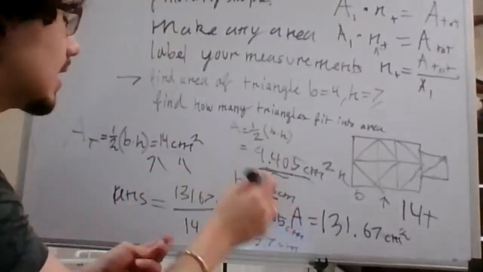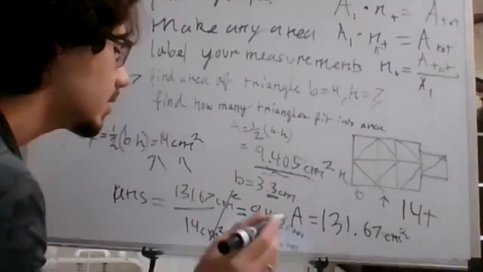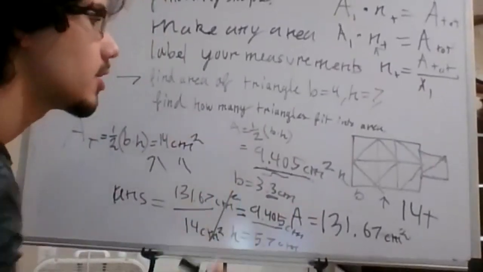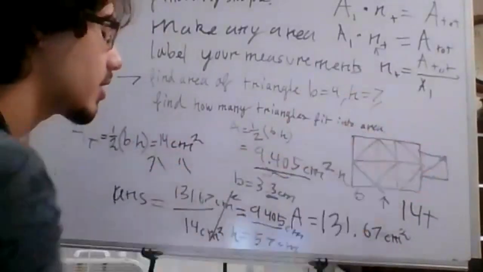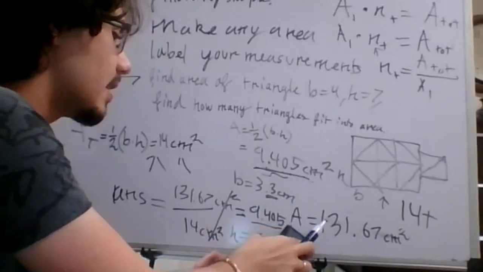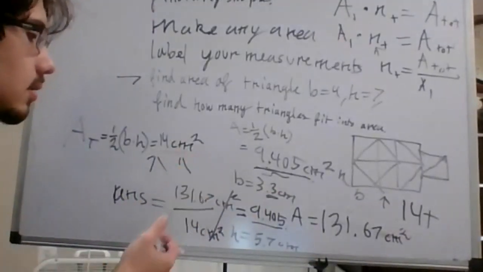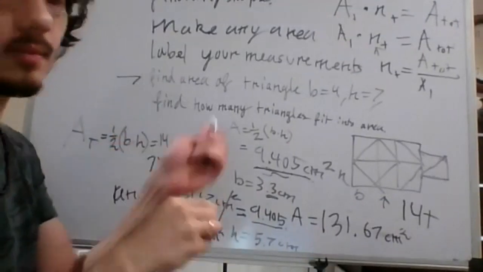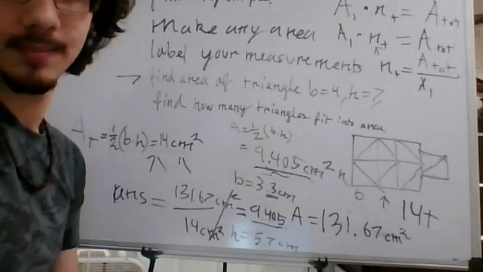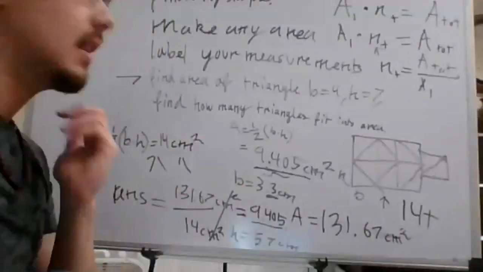So this answer says that we need this many triangles worth of area to build the whole flash drive. So we can't have it in centimeters. That's why we made sure that our units canceled out. Does that make sense, everyone? Yes, sir. Very good. Thank you, Miss Ariel.